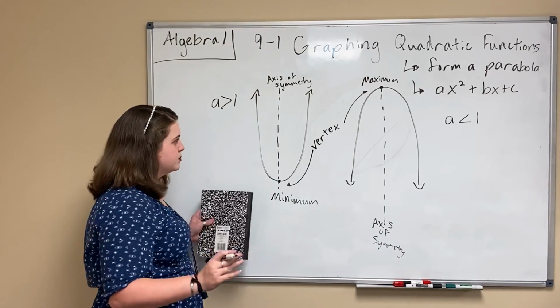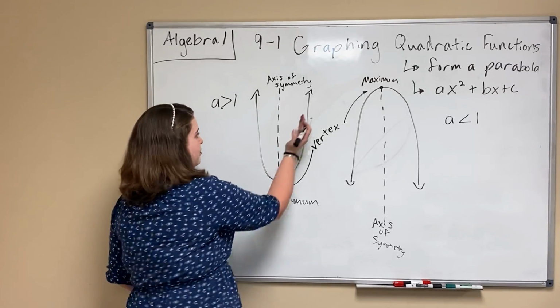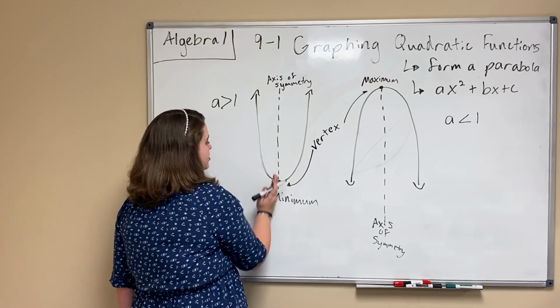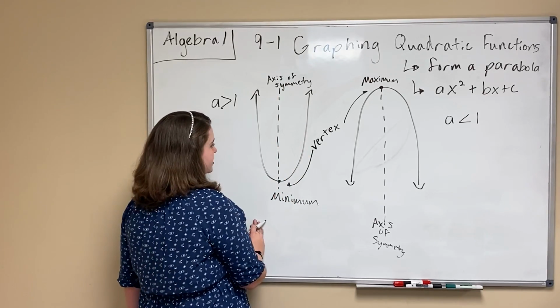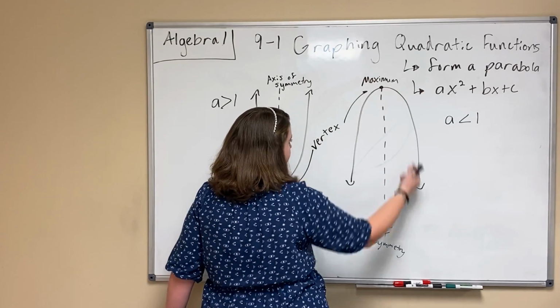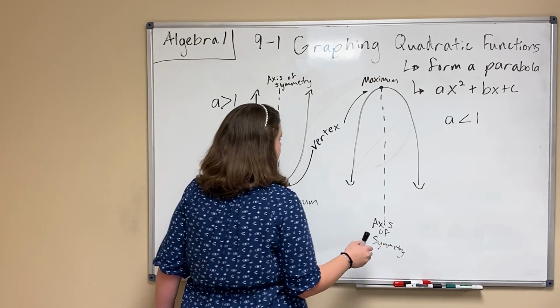Now, what this means is this is the line that we can draw through the middle of our graph, that if I folded the graph over on itself, it would match. So it's the middle point of our graph. This is going to go straight through our vertex, because our vertex is where our graph changes directions. So it's also the very middle of our graph.